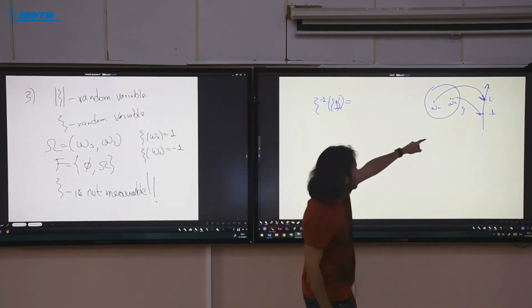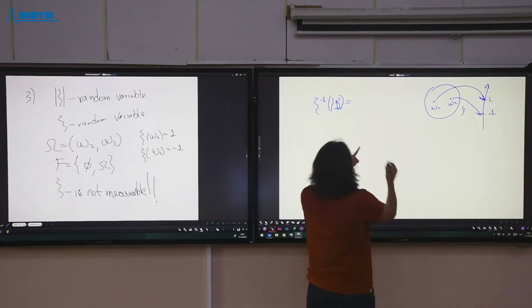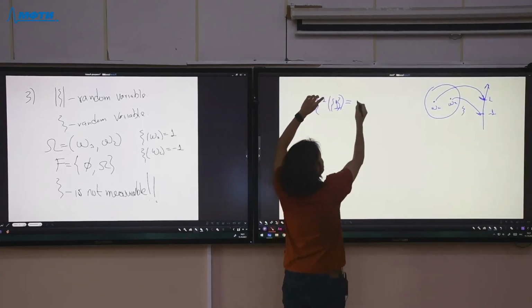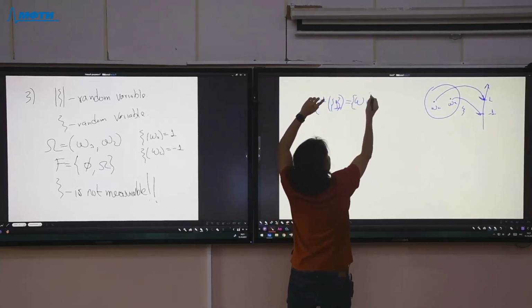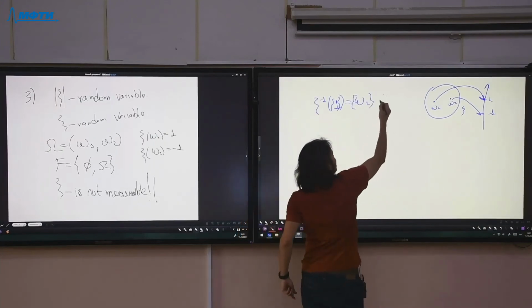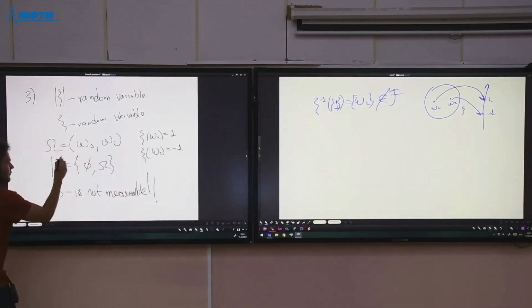The preimage of the singleton 1 is omega 1. But omega 1 is not part of this F. So this is not a random variable because this is not a measurable function.